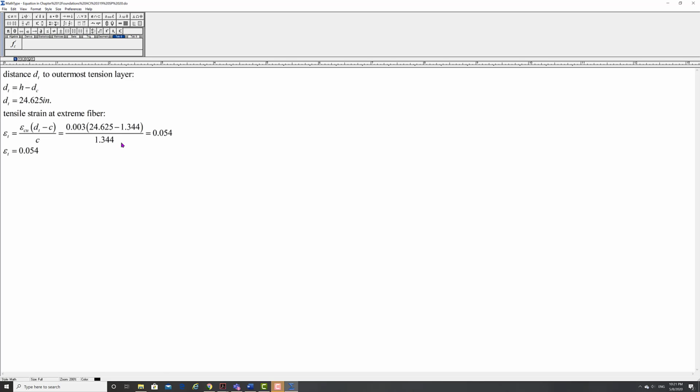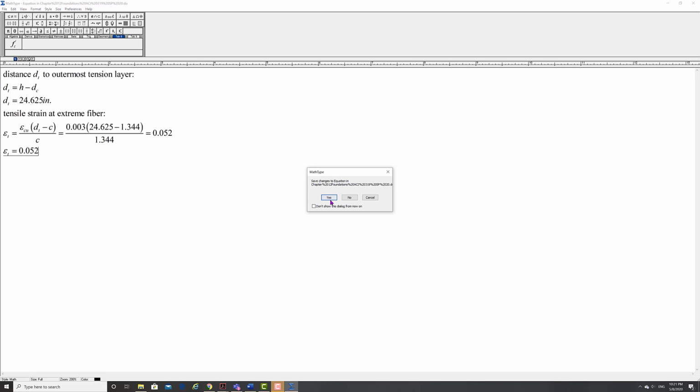So 24.625 minus 1.344 times 0.203 divided by 1.344 equals 0.052. All right, so not much of a difference, but ductility is great.